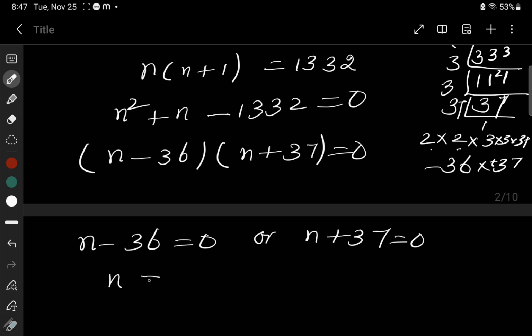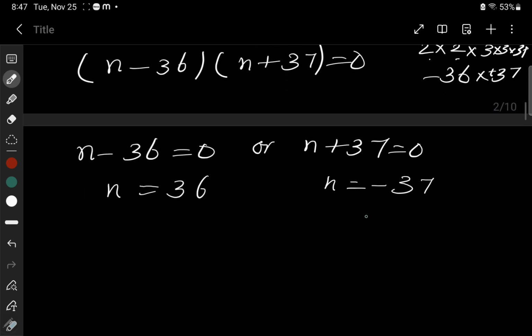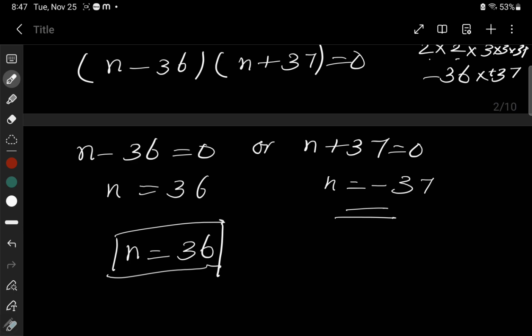So n is equal to 36 and n is equal to minus 37. You cannot take the negative value, so take n as the positive value, n is equal to 36. This is the answer.